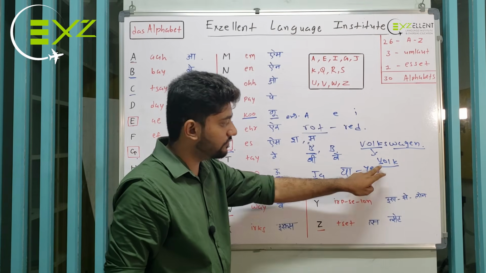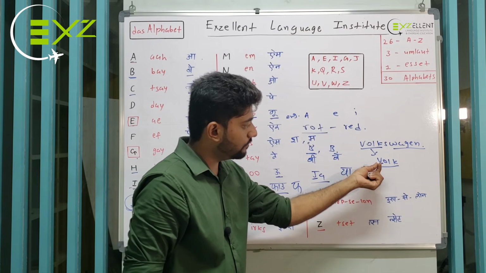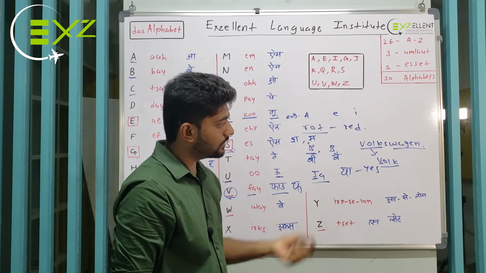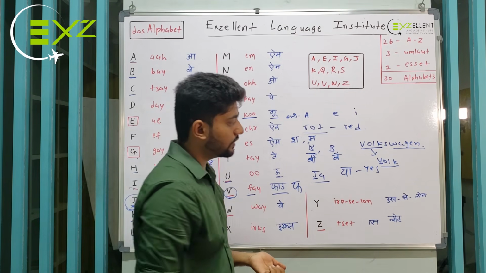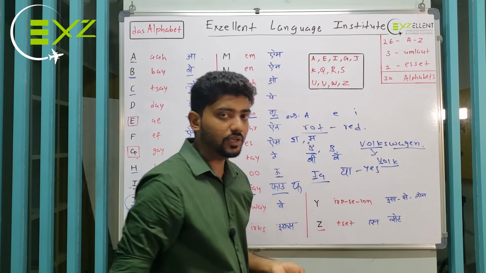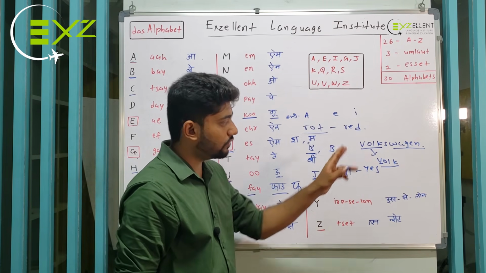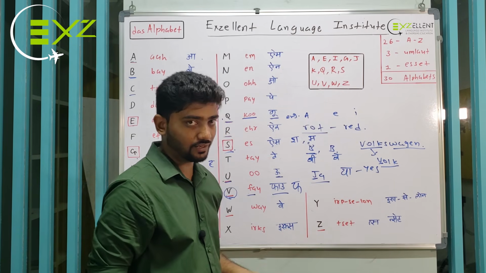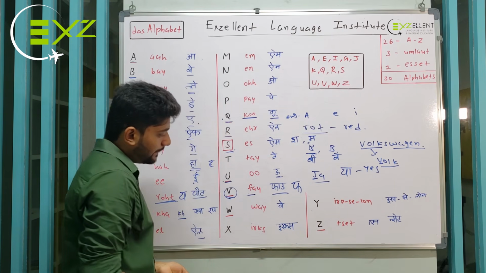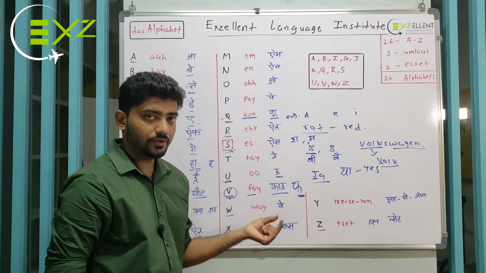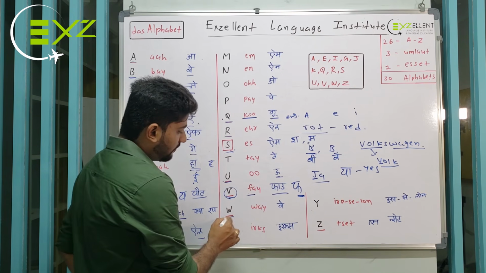In German, V will become F, so "Vo" will be "Fo", and "folk". Folk means people and wagon means vehicle. So Volkswagen means people's vehicle. So V will become F.